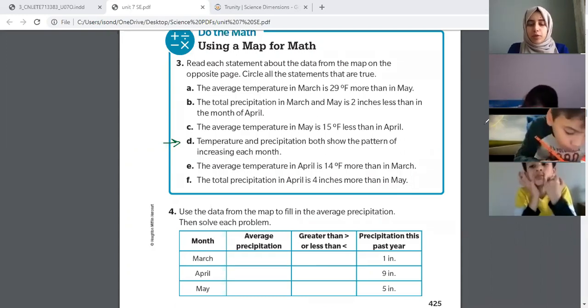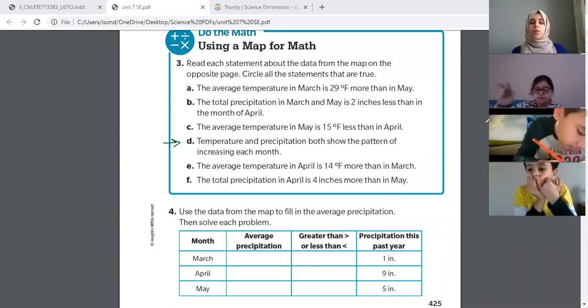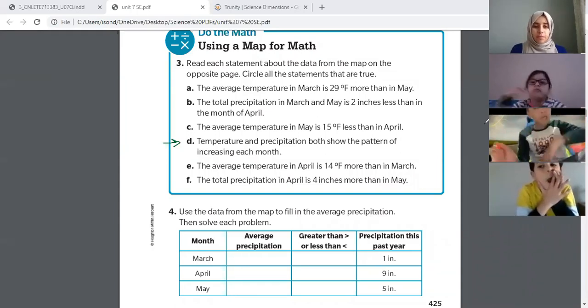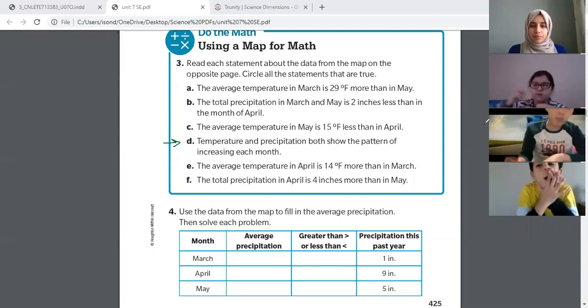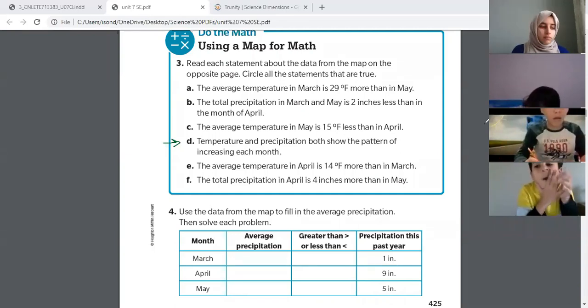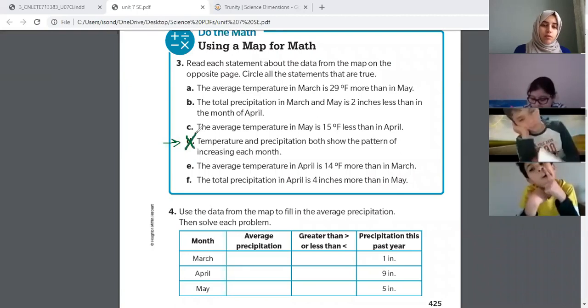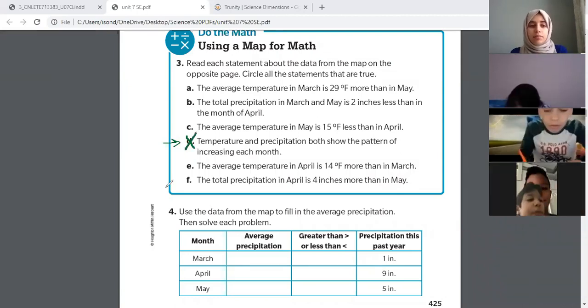Are they both going up every month or increasing? Is precipitation increasing every month? No. So if one of them is not increasing every month, we cannot circle D. Yazan, please read E.